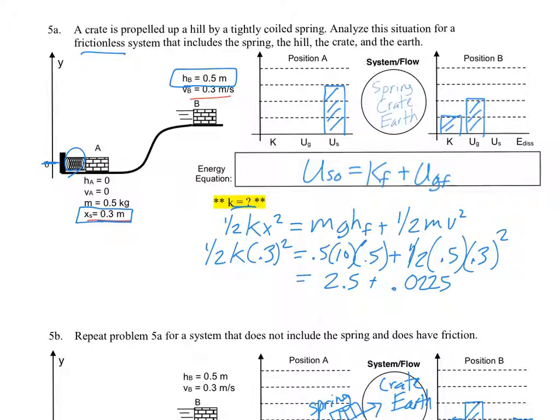So 0.5 times 0.3 squared, that means that I have 0.045. I said 0.04 and then I didn't write that. So 0.045 K equals all this energy over here on the right. So I can go through and solve for the spring constant.